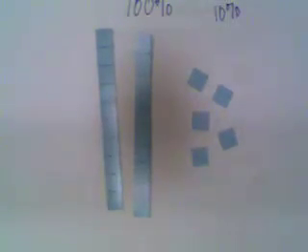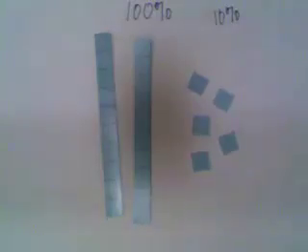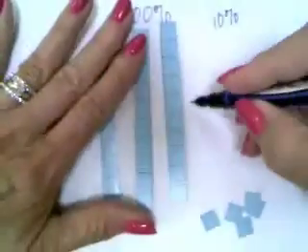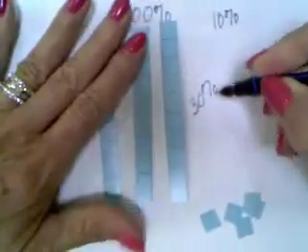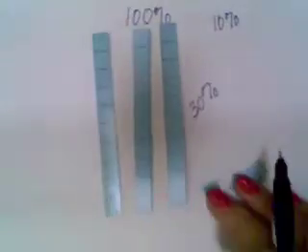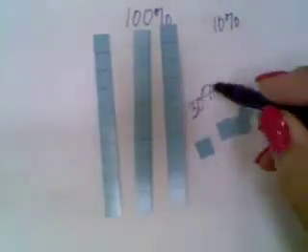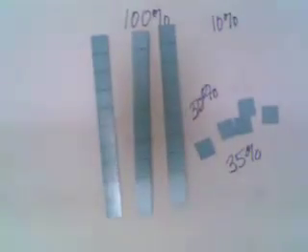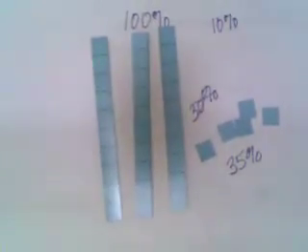If we want to represent 30%, then we have 3 of those. So this represents 30%. Adding in these now represents 35%. So a percent represents hundredths.